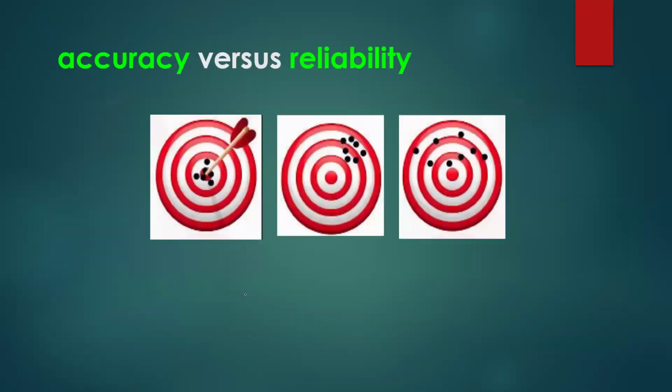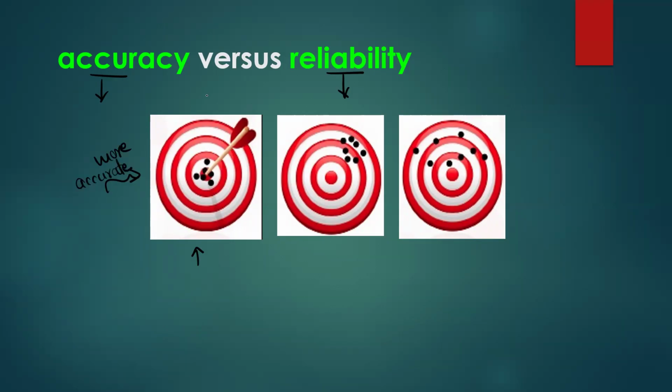Accuracy versus reliability. Accuracy means how close your value, your answer, is to the original value. How close it is to the original value. So here, as you can see in this diagram, all the points are closer to the original value. They are closer to the middle. So it means it's more accurate.